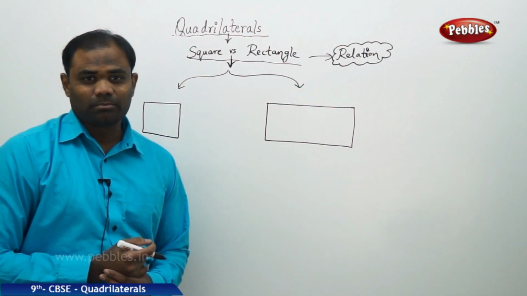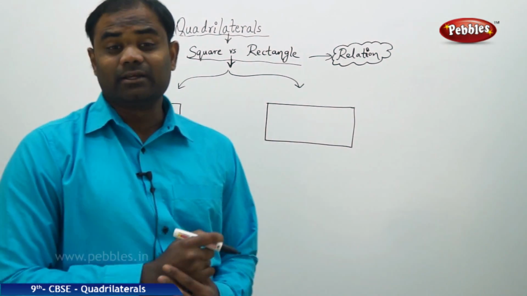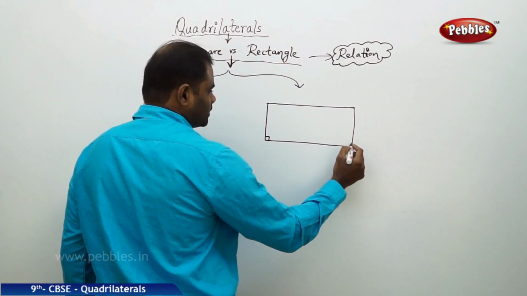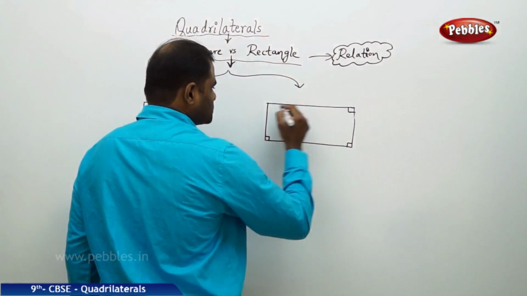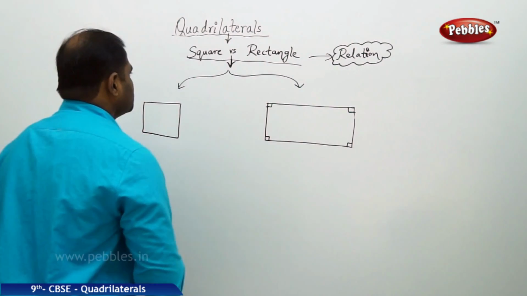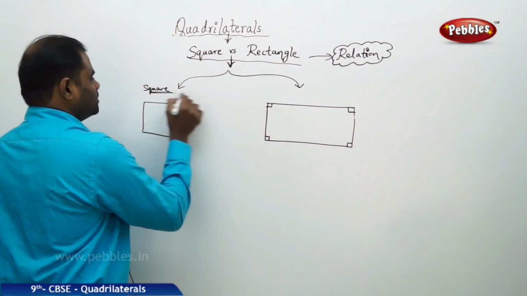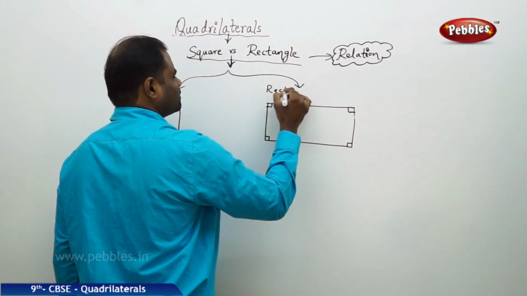Let's see the common properties identified between a rectangle and a square. Here in a rectangle, I see that each angle is 90 degrees, this being a square and this being a rectangle.